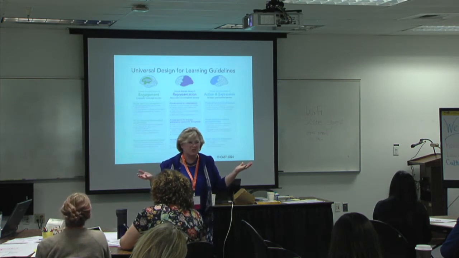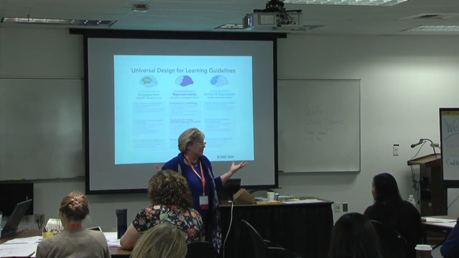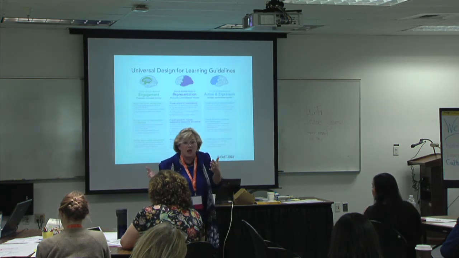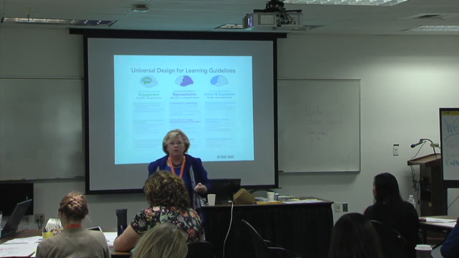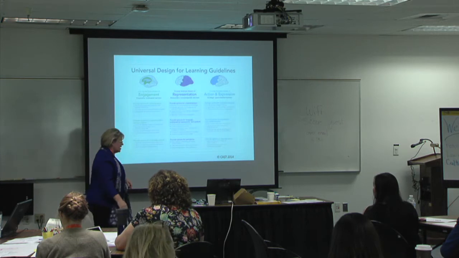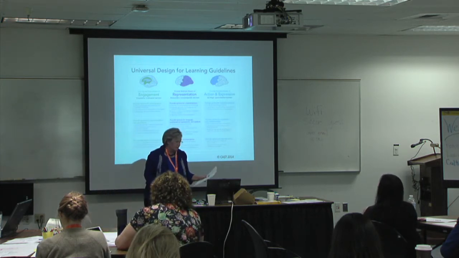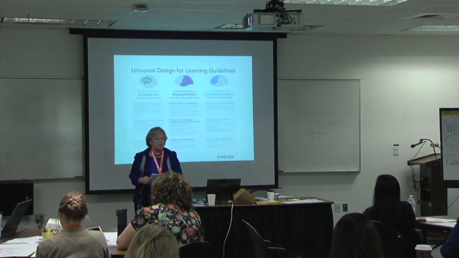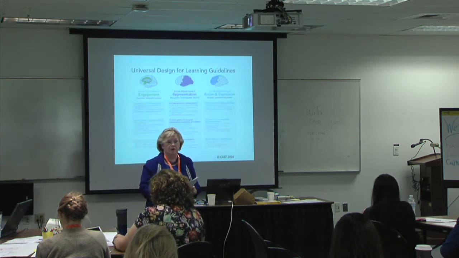That's why we became teachers. Learning was something we did. We might not have done it well, but we did it. We knew how to do it. And now we're attempting to teach our students using what we know about the learning process. So that's a very brief description of what universal design for learning is.